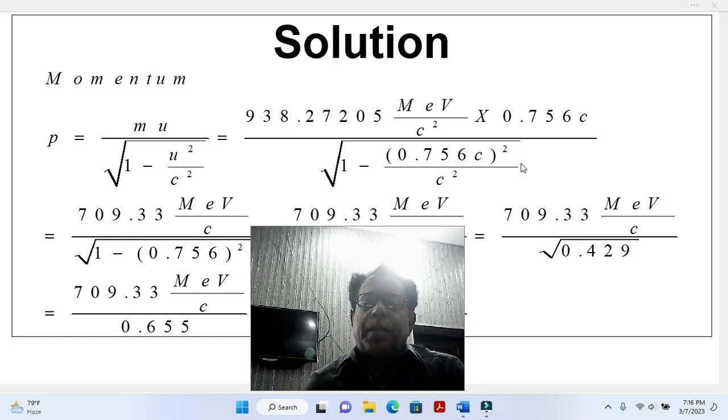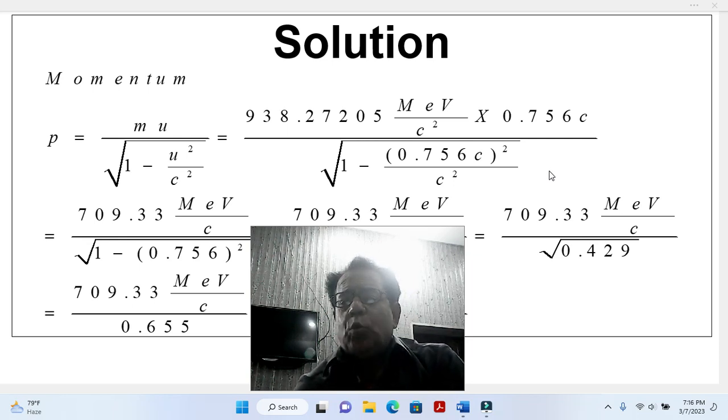Moreover, dear students, here 1 c will be cancelled out from c square, and only 1 c will remain. However, now we come towards the denominator: 1 minus, in place of u, 0.756 c square over c square. Here under the root, c square is in the denominator and c square is in the numerator, and this c square will be cancelled out.